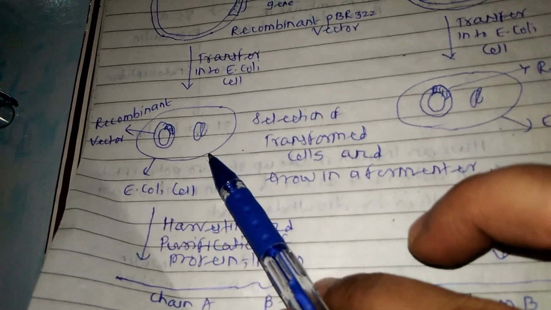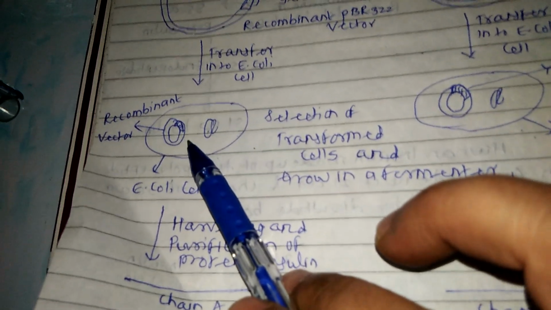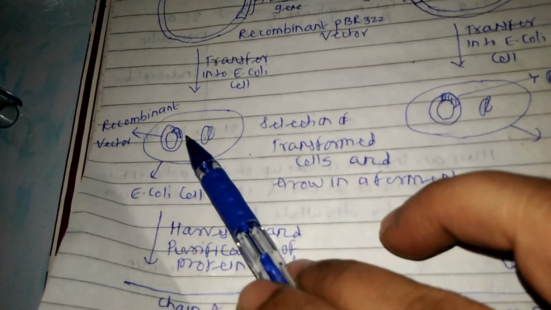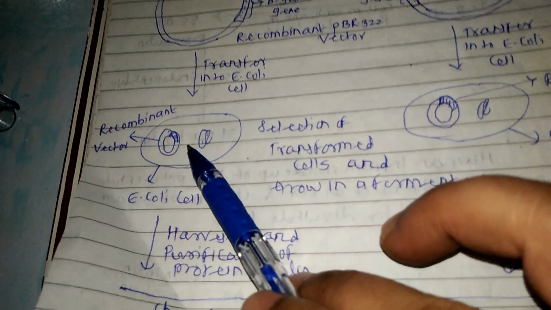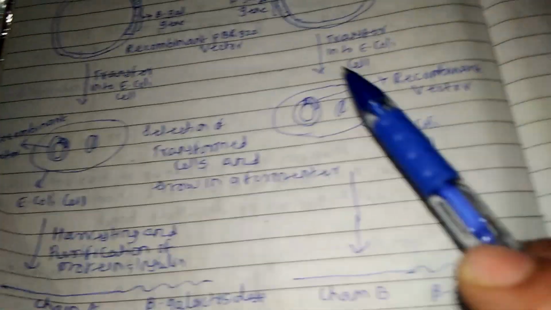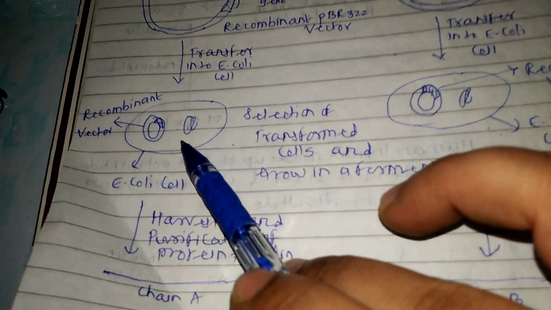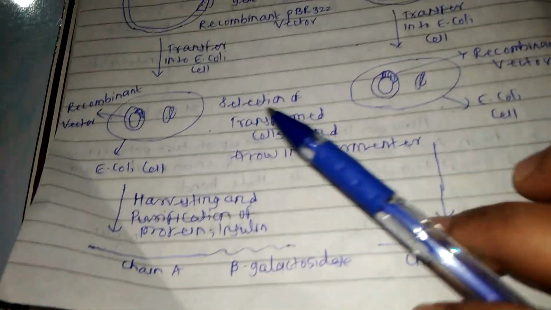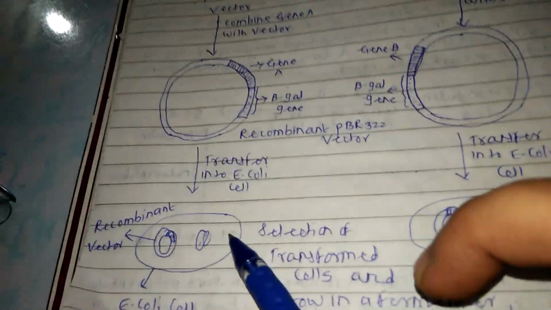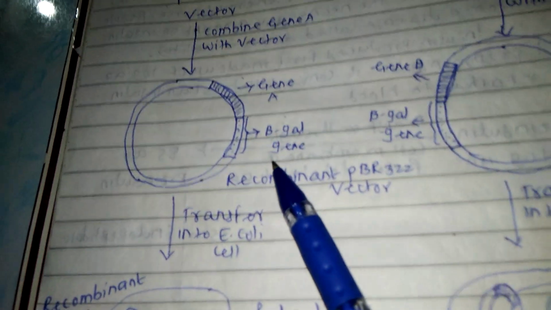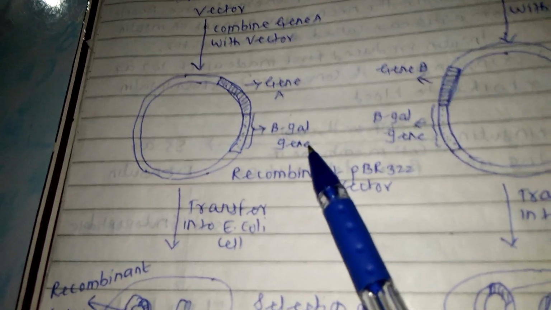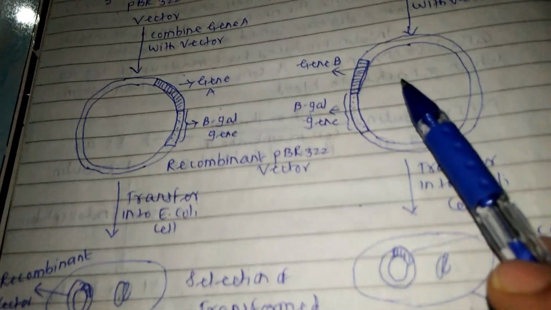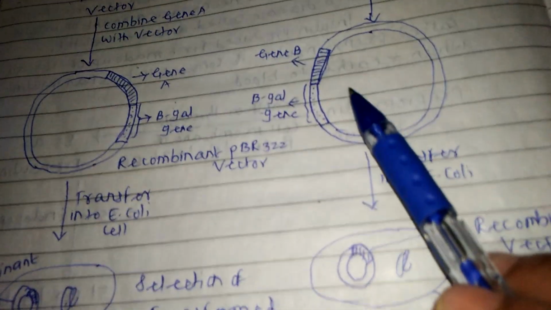Now when the bacteria multiply and divide, simultaneously the recombinant vector also divides. The gene present on the recombinant vector is also multiplied. The expression of gene A and then gene B is nothing but the production of protein, polypeptide chain A and then polypeptide chain B. One gene present in the vector is the beta gal gene. The beta gal gene is present in combination with gene A in the first vector and gene B in the second vector.